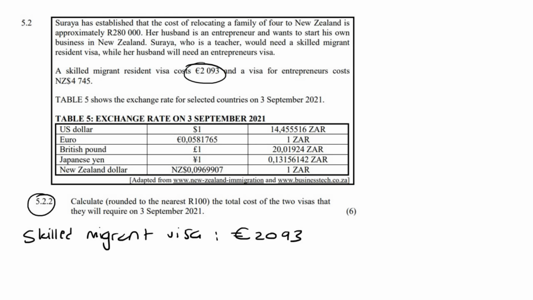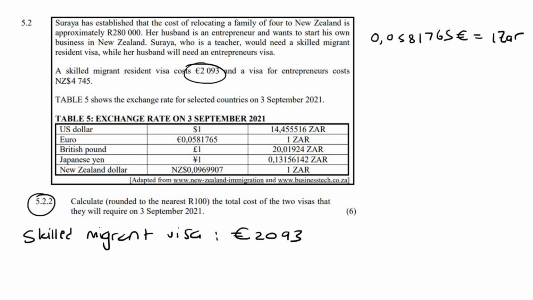So we know from the table here that 1 ZAR is equal to this many euros. Okay, so let's go write that conversion down. 0.0581765 euro is the same as 1 rand.